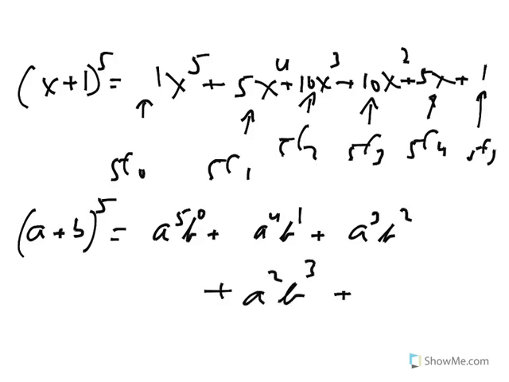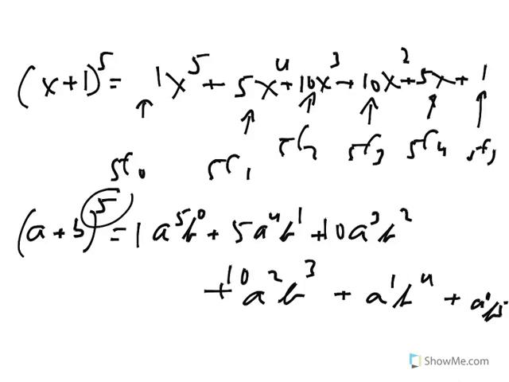They're always going to add up to 5. And the coefficients are still going to be, if there's a 5 up here, 5C0, 5C1, 5C2, 5C3, 5C4, 5C5. This can be used to do an interesting kind of problem.